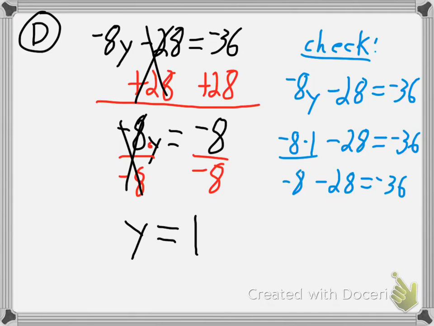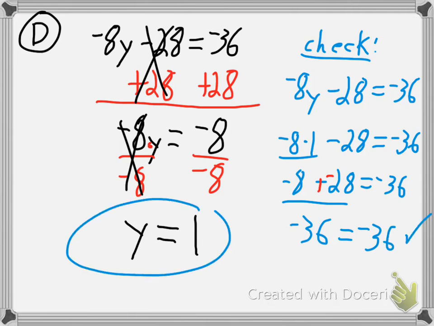So I have negative 8 minus 28. I'm going to do that by adding the opposite. So now I have negative 8 plus a negative 28. I can add those two since they have the same sign, and I end up with negative 36 equals negative 36. So I'm good there.